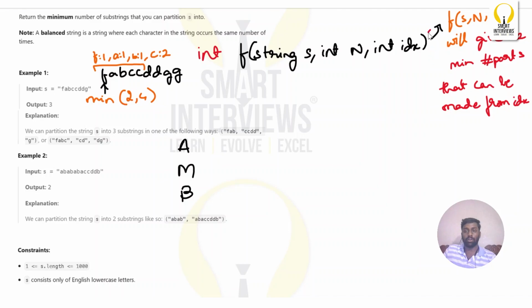Now coming into the second step of any recursive function, that is the main logic. Coming into the main logic, firstly I need to check if the current string is valid or invalid, and if I can create a partition from the current index to the end index. So let's say an unordered map is going to help us keep track of the number of occurrences of characters.